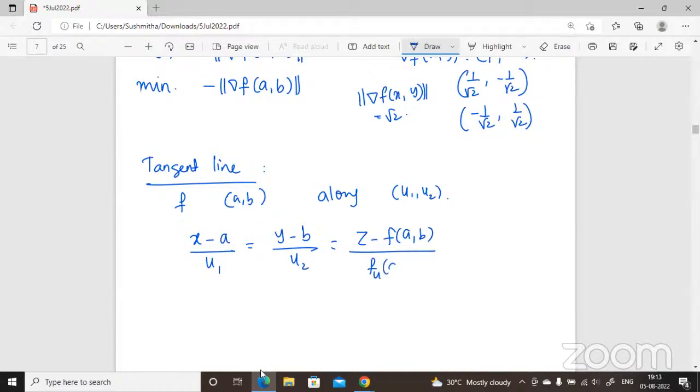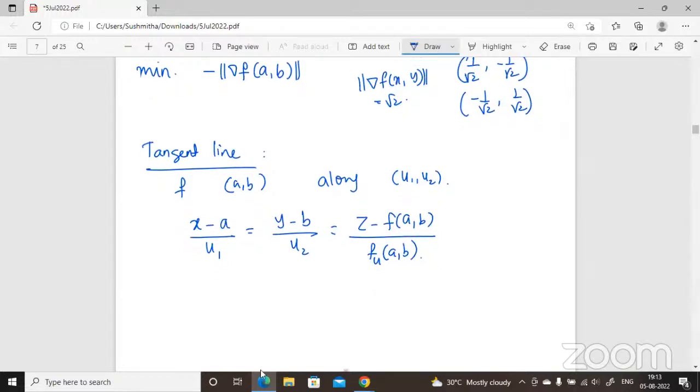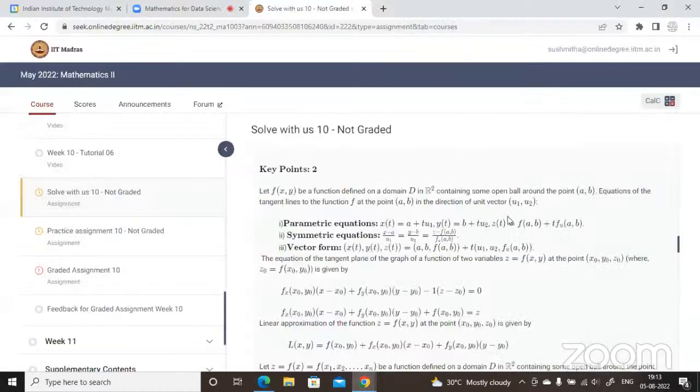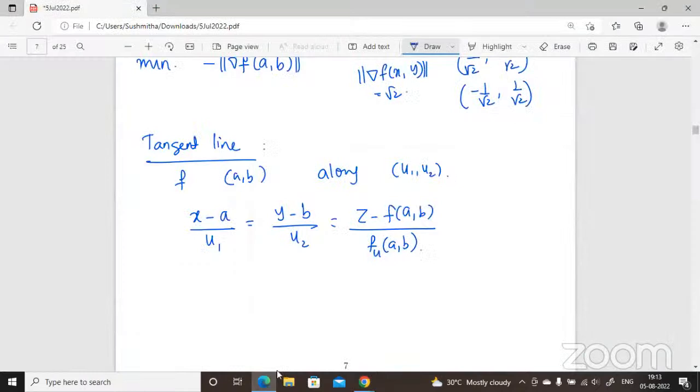The gradient at the point along the direction equals t. This will be the equation of the tangent line. When you put it equal to t, you will get the parametric form. That's it.